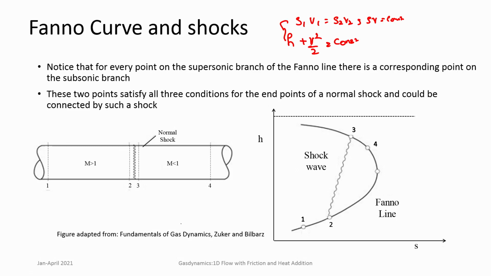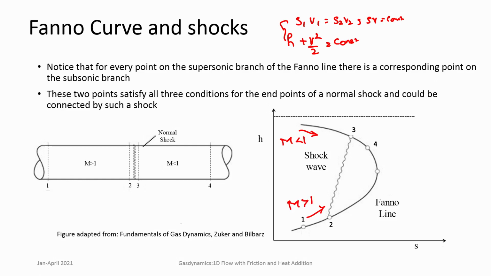That is a very straightforward inference that you can make out of this, and you can also understand this point by the fact that there are two branches in a Fanno curve. If you take this branch, this is M less than 1, and there is a corresponding supersonic branch for M greater than 1.